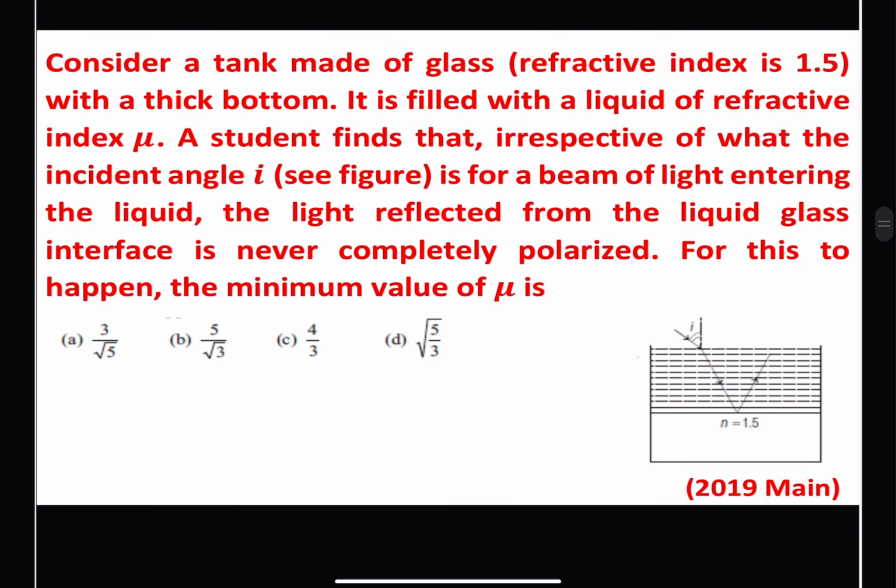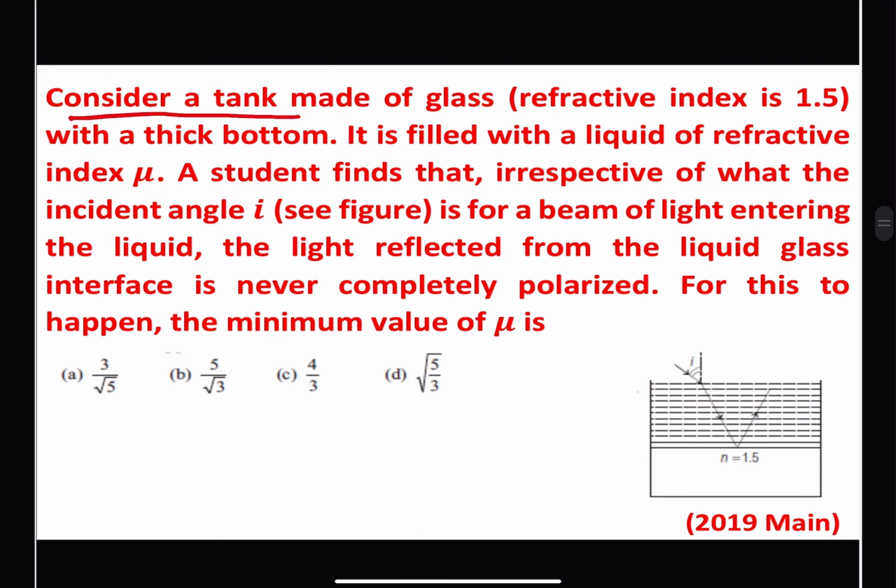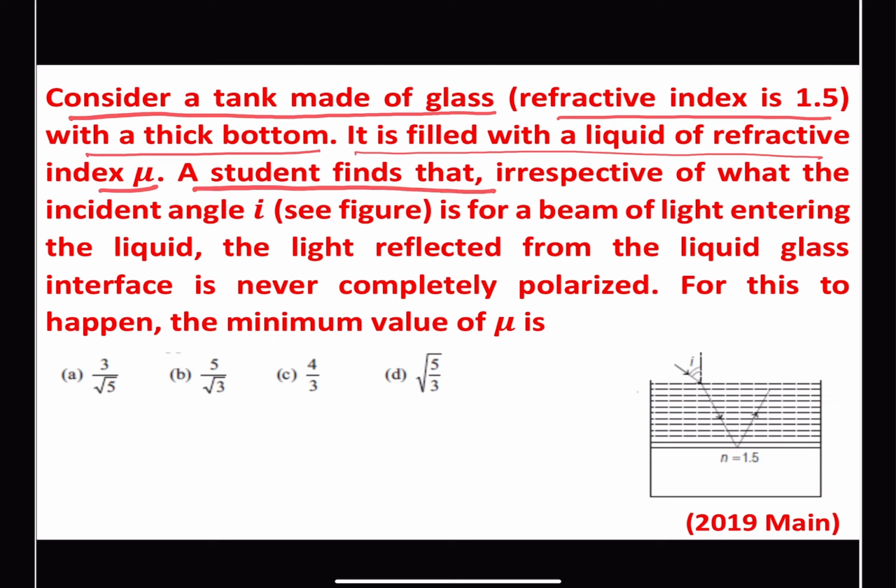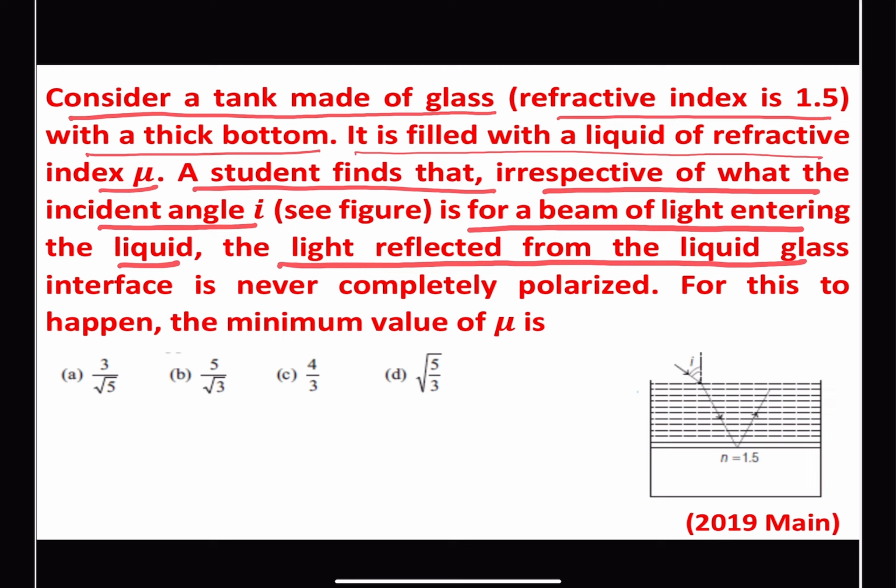It says: consider a tank made of glass, refractive index 1.5, with a thick bottom. It is filled with a liquid of refractive index mu. A student finds that irrespective of what the incident angle i is for a beam of light entering the liquid, the light reflected from the liquid-glass interface is never completely polarized.